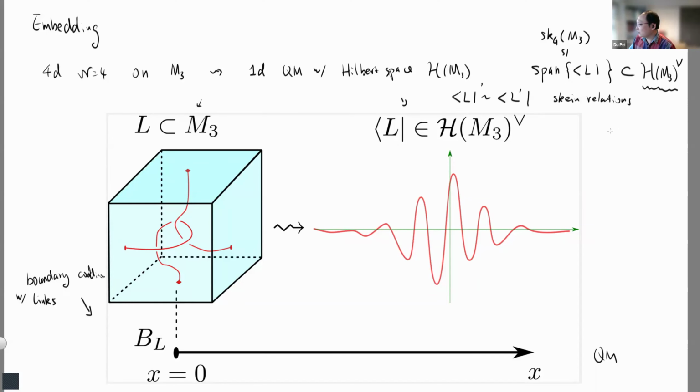But what one can do is to pick certain states psi in the Hilbert space and then pair it with the states from these links L. And these are going to give functions or functionals on skein classes.